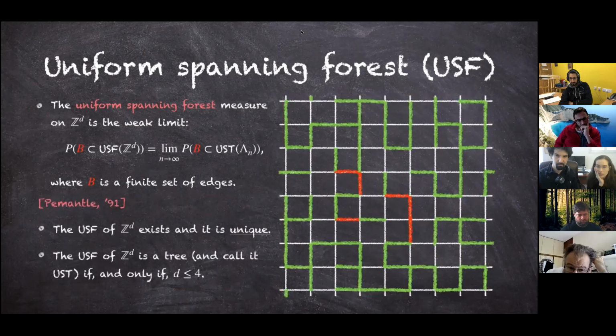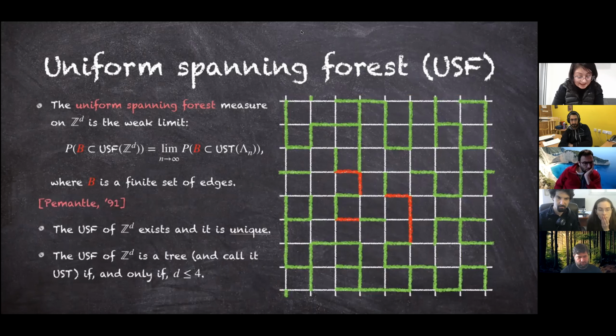And it is a theorem of Pemantle where he proved that first, the measure exists on Z^d, and it is unique. And well, it is easy to see that it's unique on the way that you choose your sequence of boxes, as long as you eventually fill the whole space and one box is contained in the other. So we actually have a monotone sequence.